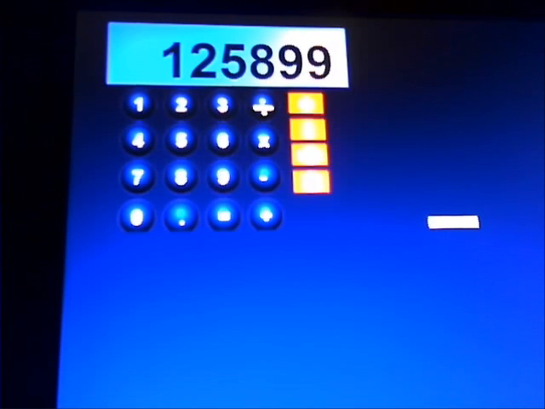Now again, I put all the numbers in order there, in ascending order. 1, 2, 5, 8, 9, 9. You've got 1, 2, 3, 4, 5, 6 numbers. You want to know what the range is.